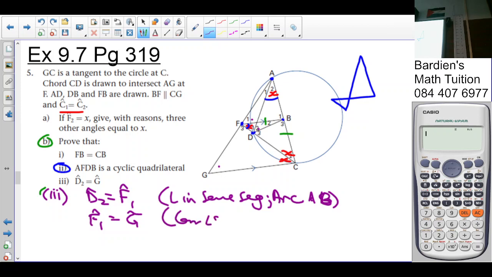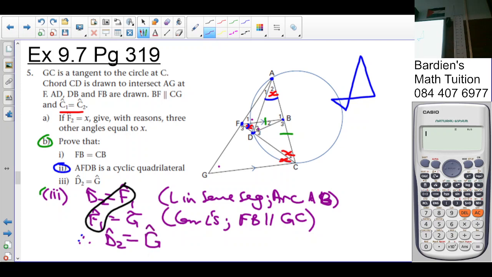Corresponding angles with FB parallel to GC. So what do you notice? If D2 is equal to F1 and F1 is equal to G, therefore, in conclusion, D2 has to be equal to angle G. Okay? You guys understand?